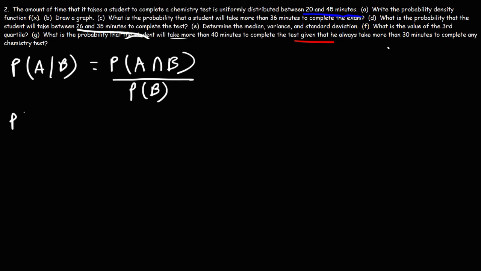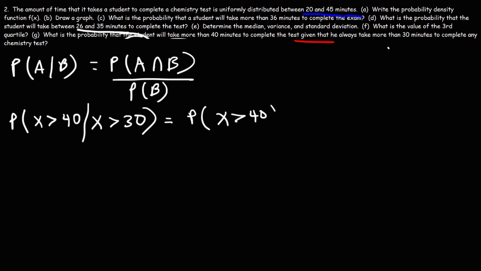So in terms of this problem, we want to find the probability that x is greater than 40, given that x is already greater than 30. So it turns out that this is equal to the probability that x is greater than 40 divided by the probability that x is greater than 30. And let's talk about why that's the case.